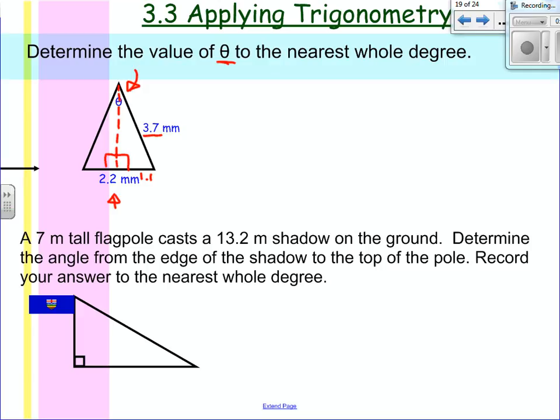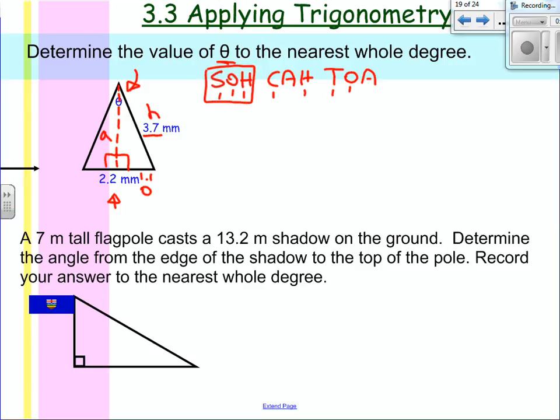So your first step is labeling the triangle, writing out SOH CAH TOA, checking off your S, C, and T, and then checking off your O's and H's. You'll find one of them has 3 checks.